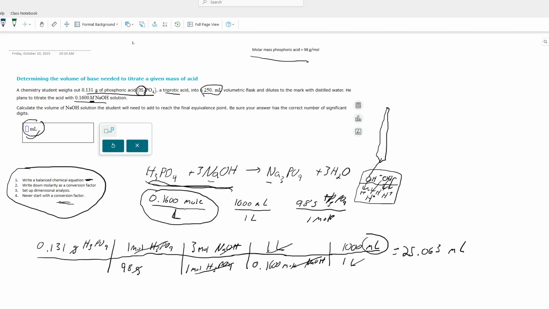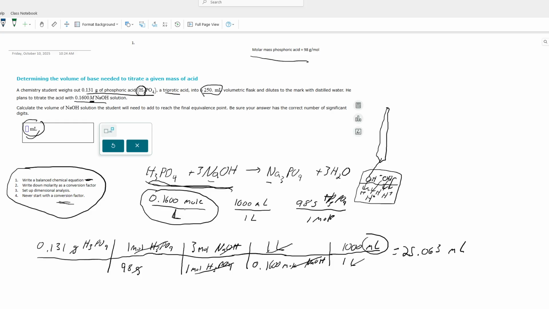This is going to be in milliliters. Now, why did I make an effort to tell you how I'm using my calculator? Because that's how I actually punch it in. I just work from left to right. 0.131 divided by 98 times 3 divided by 0.1600 times 1,000. If it's in the top, I multiply it. If it's in the denominator, I divide.